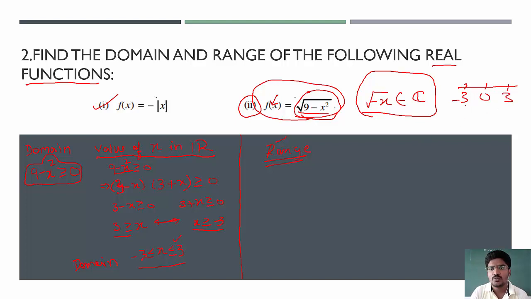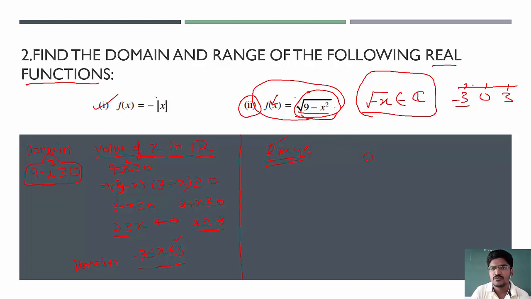So as you put minus 3 in the term of x, that is f of minus 3, the x term is minus 3. Minus 3 square is 9. 9 minus 9 is 0. Are you getting my point? See, 9 minus 9 will be what?